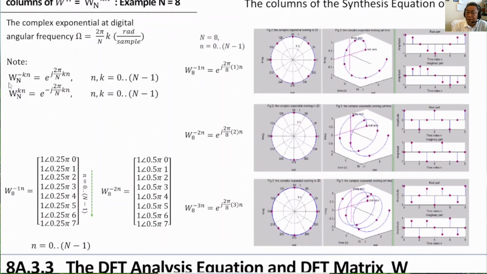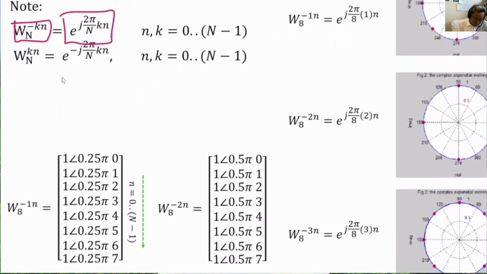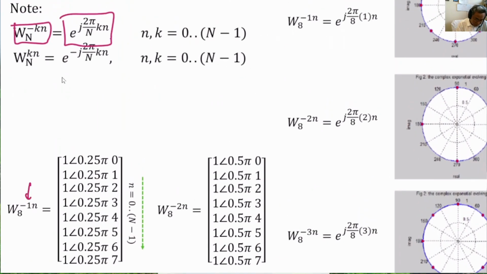Now, we remember that W_N to the power of minus kn is defined to be this equation. Let us fix one of the k's first. We're going to use k equals 1, and we are going to vary n for capital N equals 8, so a vector of 8 dimensions. So what is this element then?